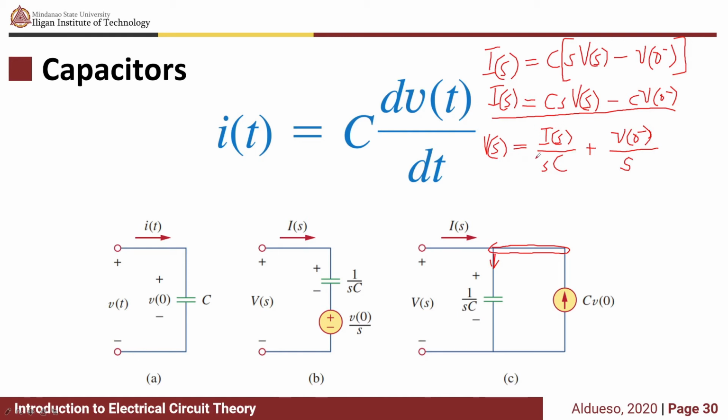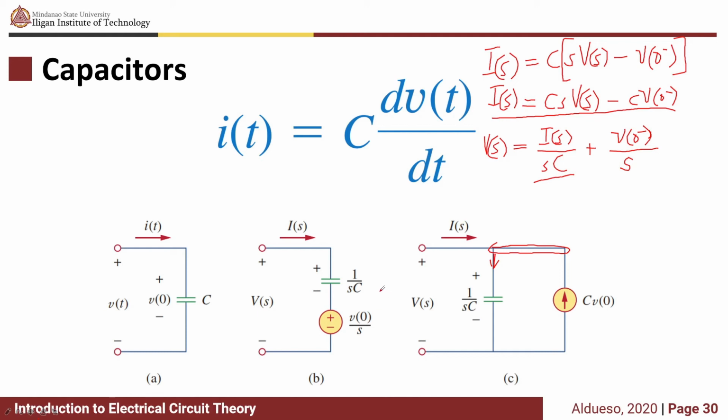Now for the first term, this component, we have the voltage across the capacitor, equivalent to I(s) times 1 over sC. And then we have a voltage source equivalent to v(0-) over s, with a polarity of plus minus, since this is plus right here.